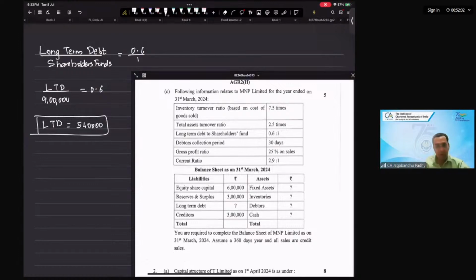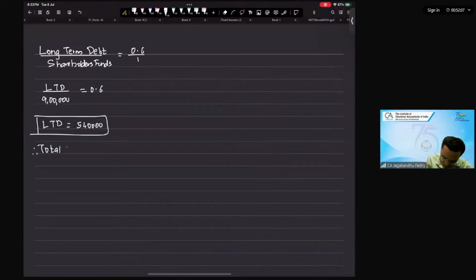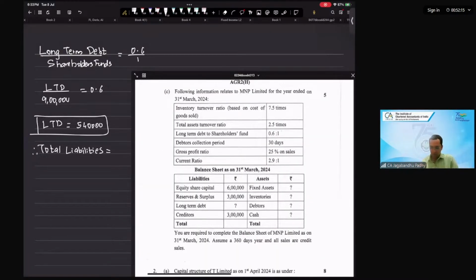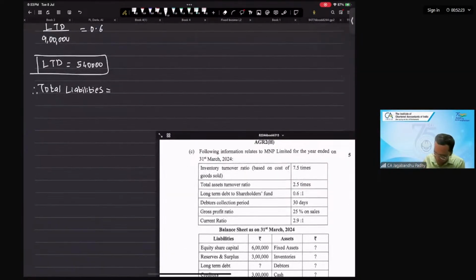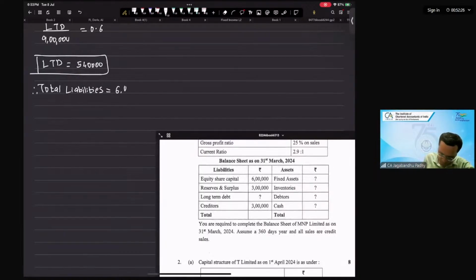We've got the long-term debt to be 5 lakh 40,000, and therefore total liabilities will be the total of share capital, reserves and surplus, debt, and creditors. That is equity share capital 6 lakh plus reserves of 3 lakh plus long-term debt of 5 lakh 40,000 plus creditors of 3 lakh.